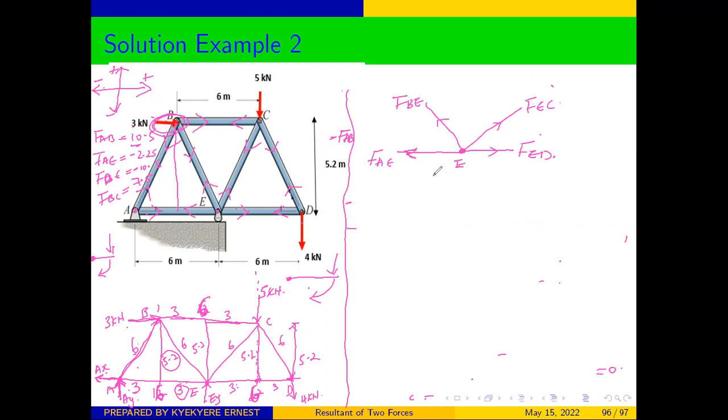Then we resolve. Don't forget that we also had one vertical force down here, which we found to be 18.1, and it was moving up.